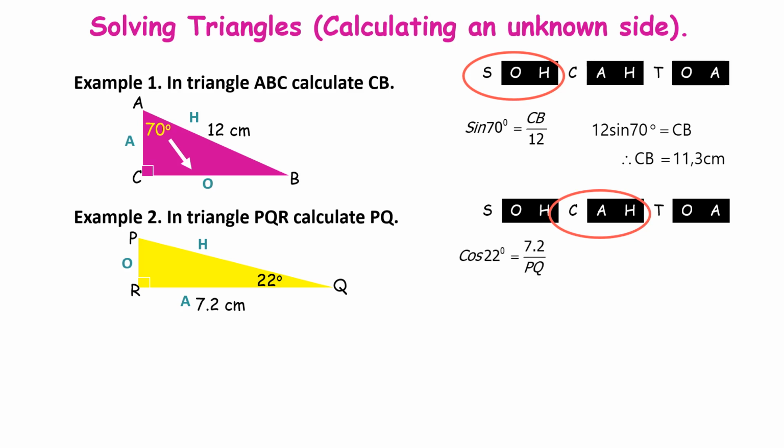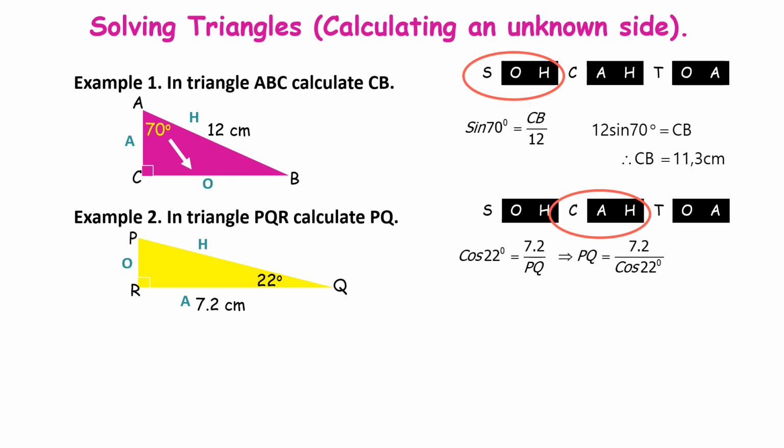So cos of 22 degrees is the adjacent side, so 7,2 over the hypotenuse, which is PQ. Now we need to calculate PQ, so we are going to multiply both sides by PQ. So I'll end up with PQ cos 22 is equal to 7,2. Then to get PQ on its own, I will divide by cos of 22.